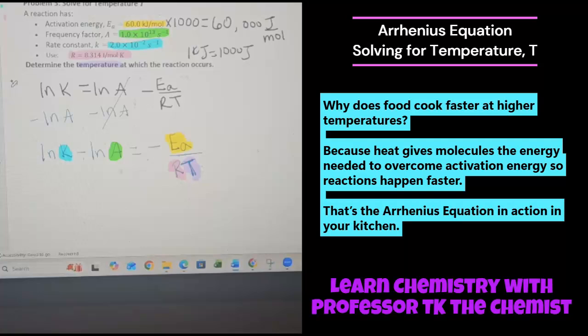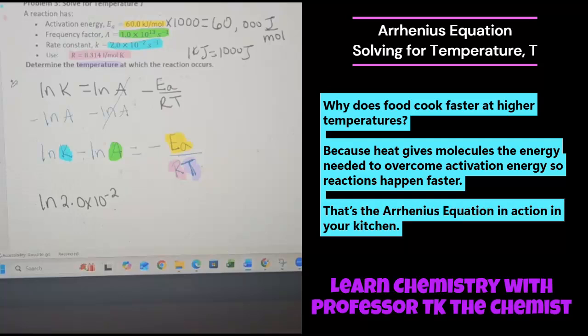Okay, so now we're going to plug in the numbers that we know. The natural log of K, so the natural log of 2.0 times 10 to the negative second per second. Really, truly, y'all, you don't have to put the per seconds there because it's going to cancel out anyway.